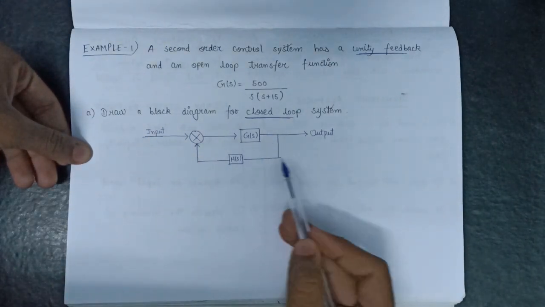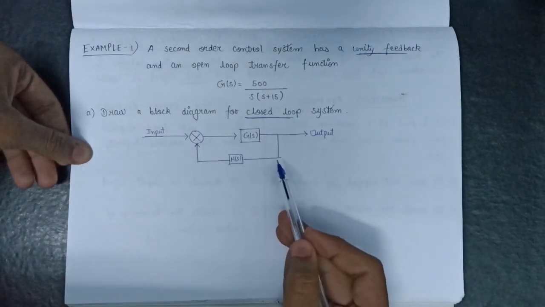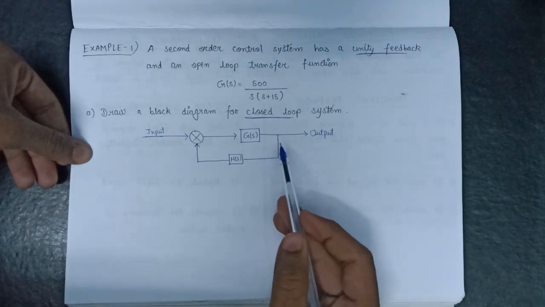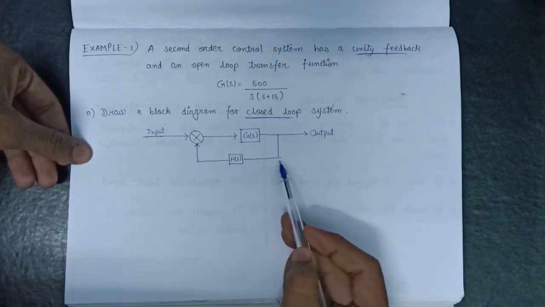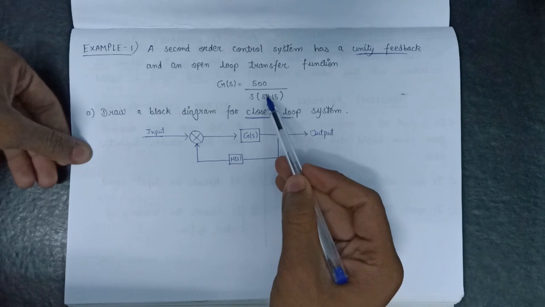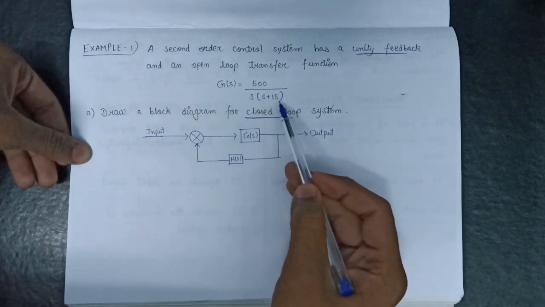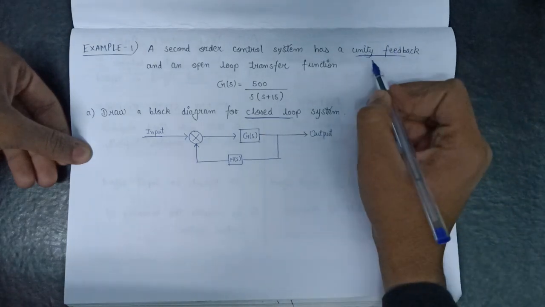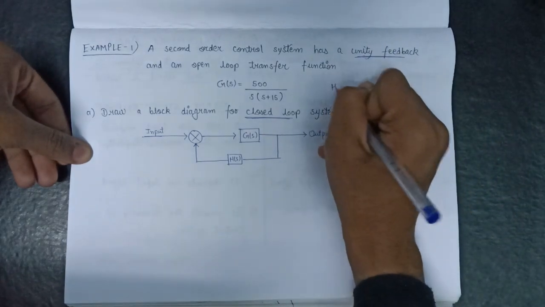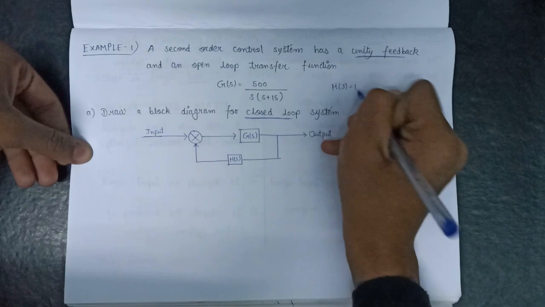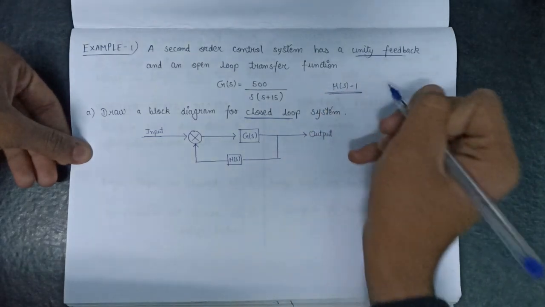So carrying on this basic representation, we have to draw a closed loop system similar to this diagram, having G of s equal to 500 over s into s plus 15, and since it is a unity feedback, H of s will be equal to 1 only.